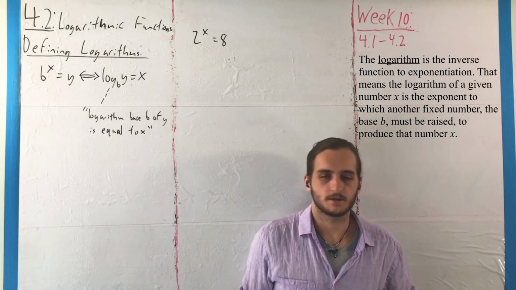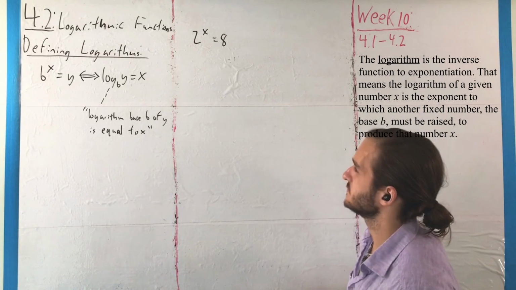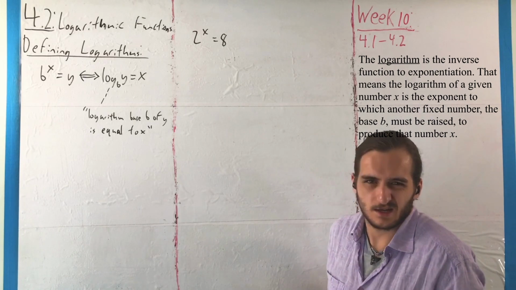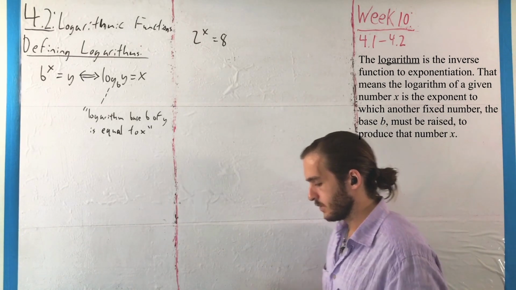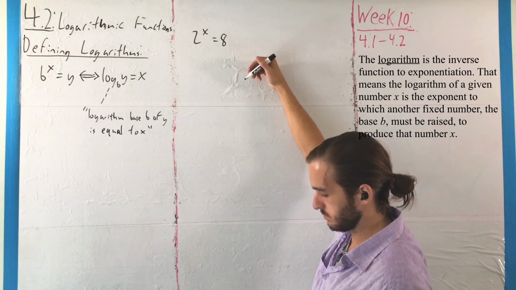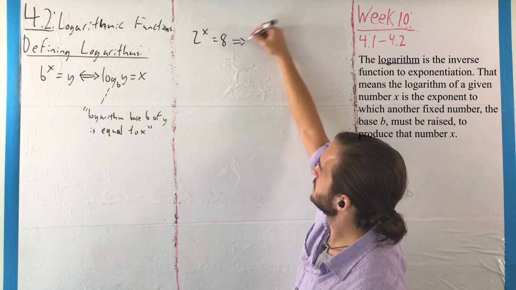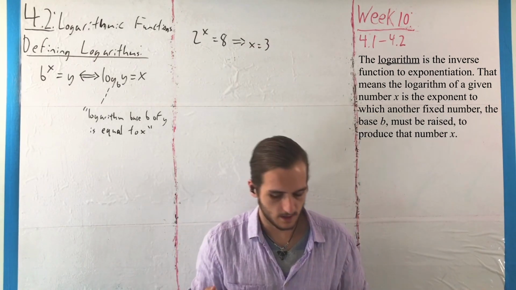Maybe if you're really into math, someone might ask you that. But even then they probably wouldn't, because it's not that hard. It's not that interesting. It's basic understanding of exponents: what you need to recognize here is that 2 cubed is equal to 8. So x equals 3.